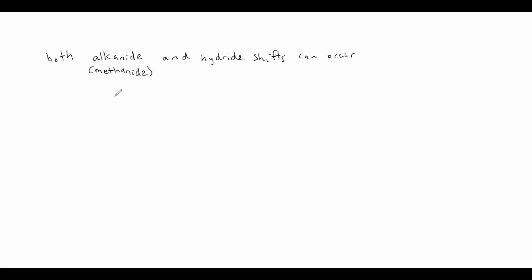Okay, so for an alkanide shift, that would be what we just showed you, where, for instance, we have a methyl group next to the carbocation, and that's what's shifting.